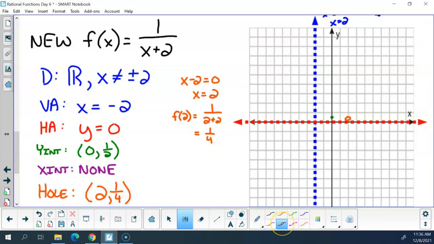So this side of the graph, I get to the circle, pick up my pencil, and go back to the other side. Negative 3 would be 1 over negative 1. Negative 10 would be 1 over negative 8.